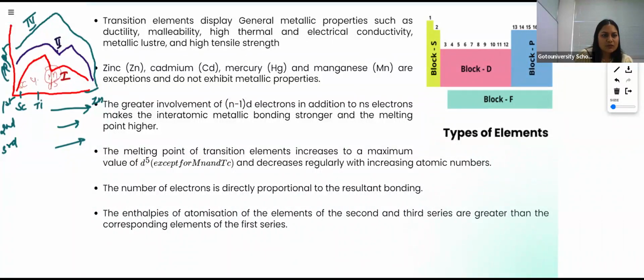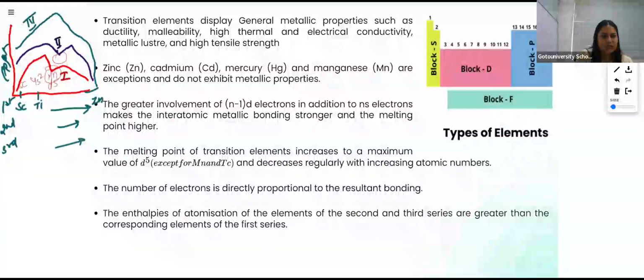Only the 4s2 electrons take part. That is why, due to the half filled d subshell, manganese shows the lowest melting point.